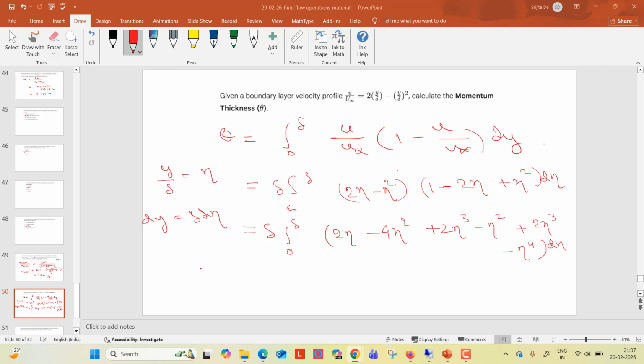Sorry, I forgot to write the limits, because we are converting from the y range to the eta range.